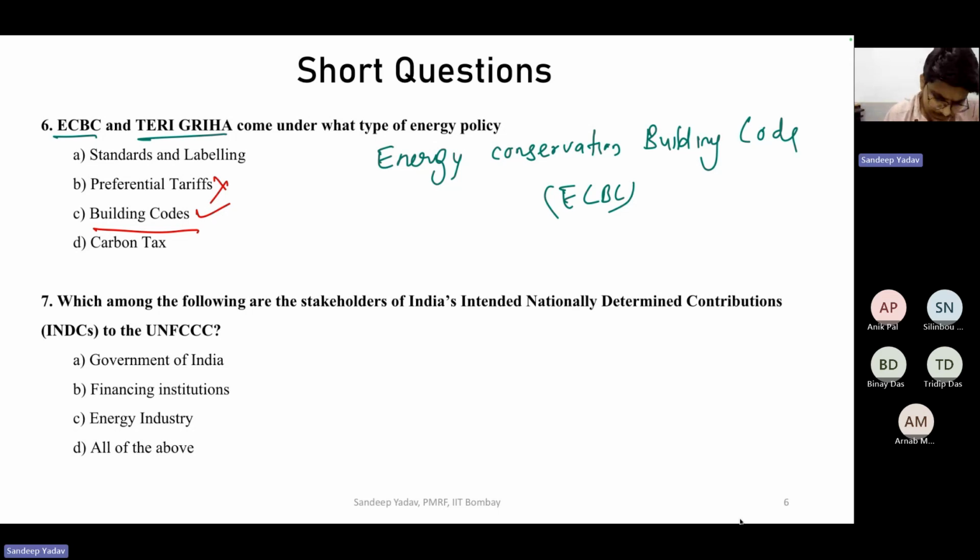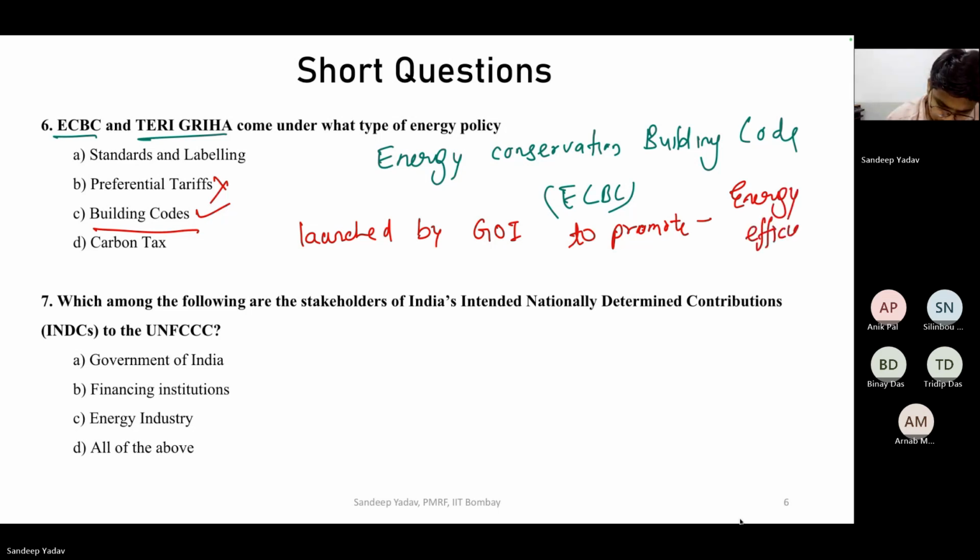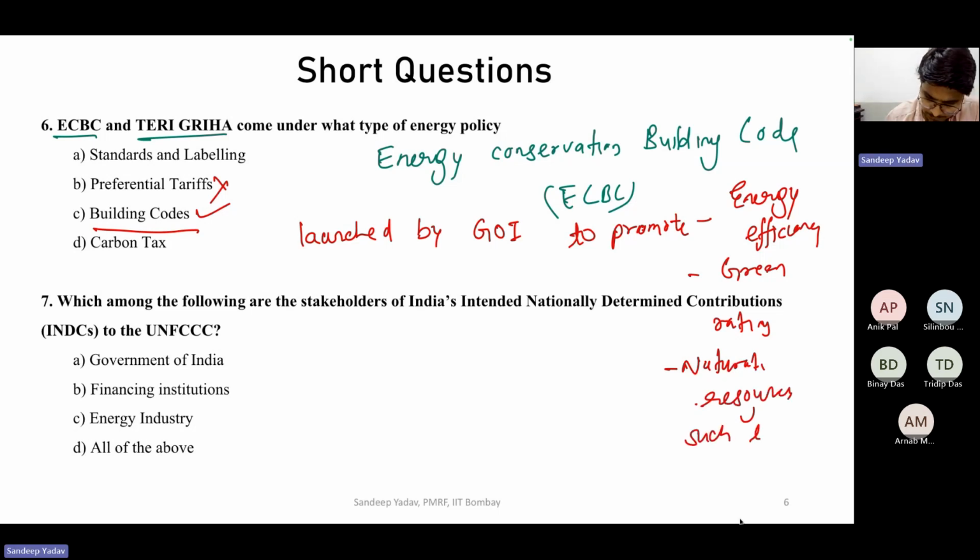Now, ECBC, these are launched by the Government of India to promote energy efficiency, green rating, and decrease energy use, and to utilize natural resources such as light in buildings.